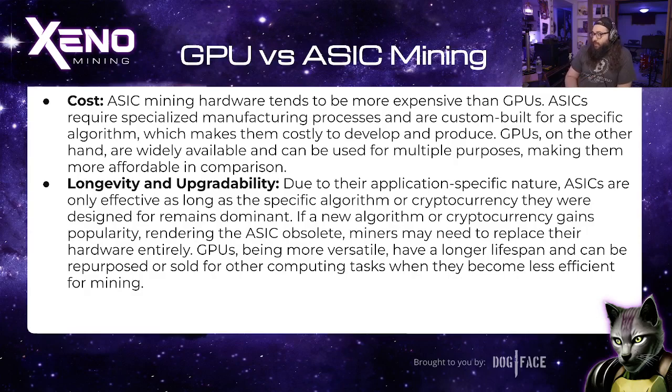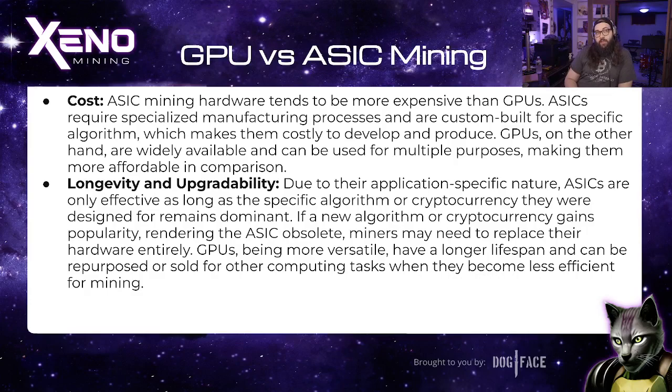Also, longevity and upgradability. Due to their application-specific nature, ASICs are only effective as long as the specific algorithm and cryptocurrency they were designed for remains dominant. Again, same thing with the flexibility, right? If you want to mine with an ASIC, you're committing to that coin with that ASIC.